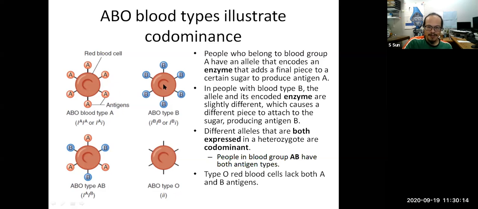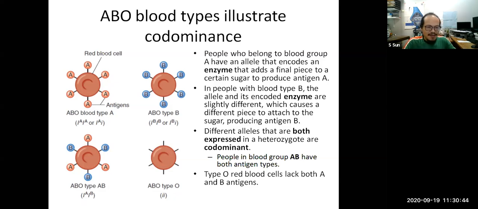For blood type B, it carries the B antigen on the cell. For blood type AB, it carries both A and B antigens on the cell. This is basically caused by an enzyme, but don't worry about that. I should have removed that. It's antigen A, antigen B, antigen AB. And type O has no antigen.